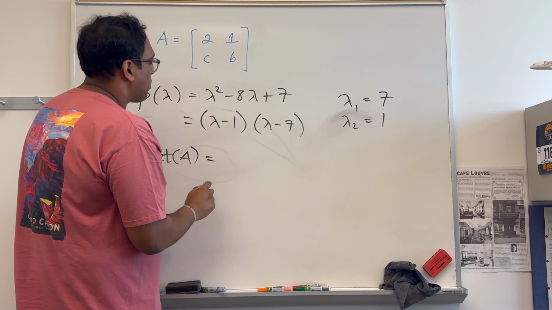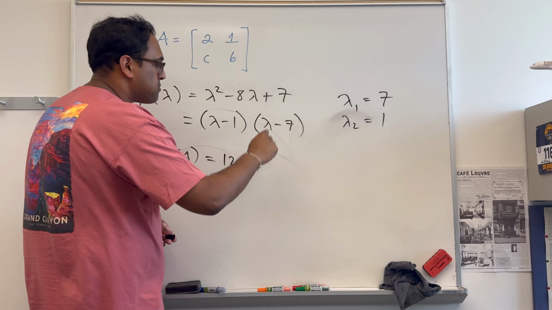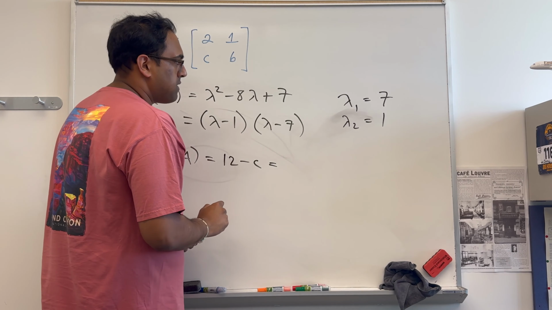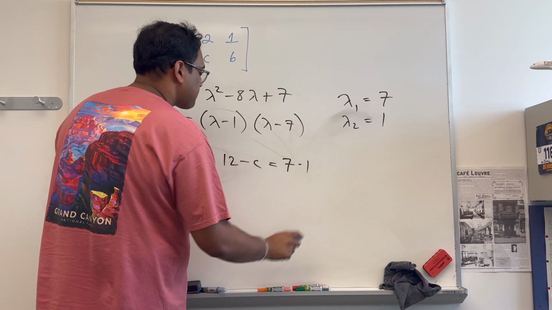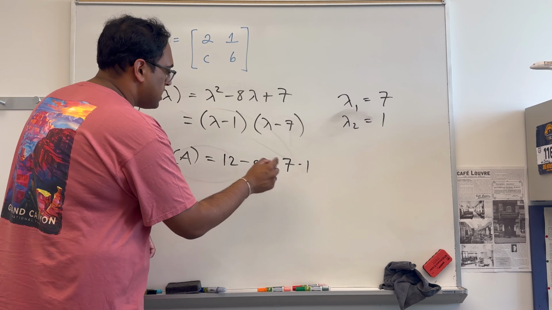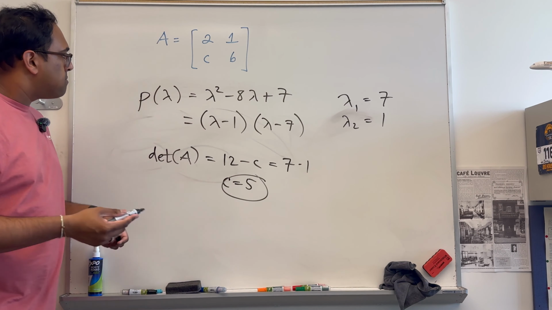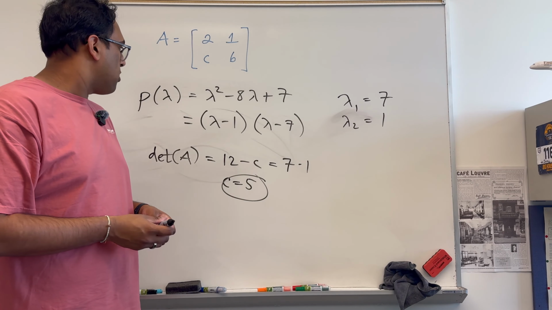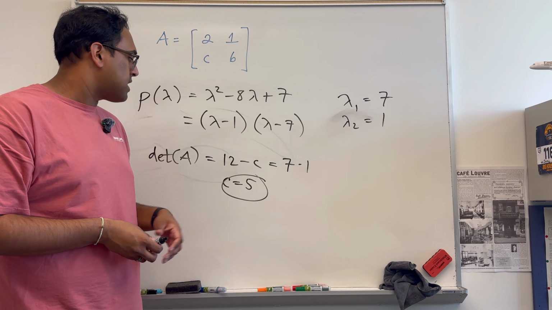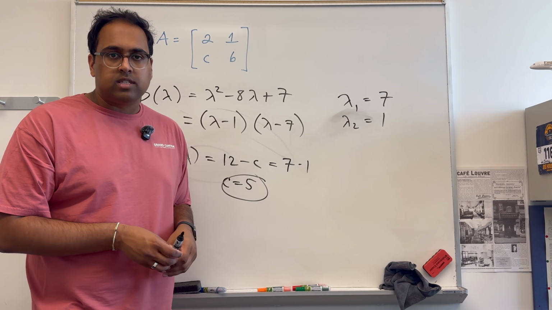It would be 12 minus C. But what I'm saying is that this determinant must be equal to the product of our two eigenvalues, 7 and 1. So now we just have an expression that we can solve for C. 12 minus C has to be 7, which tells us C must be 5. So if A's characteristic polynomial is lambda squared minus 8 lambda plus 7, well then C is 5, and these are its two eigenvalues, 7 and 1.